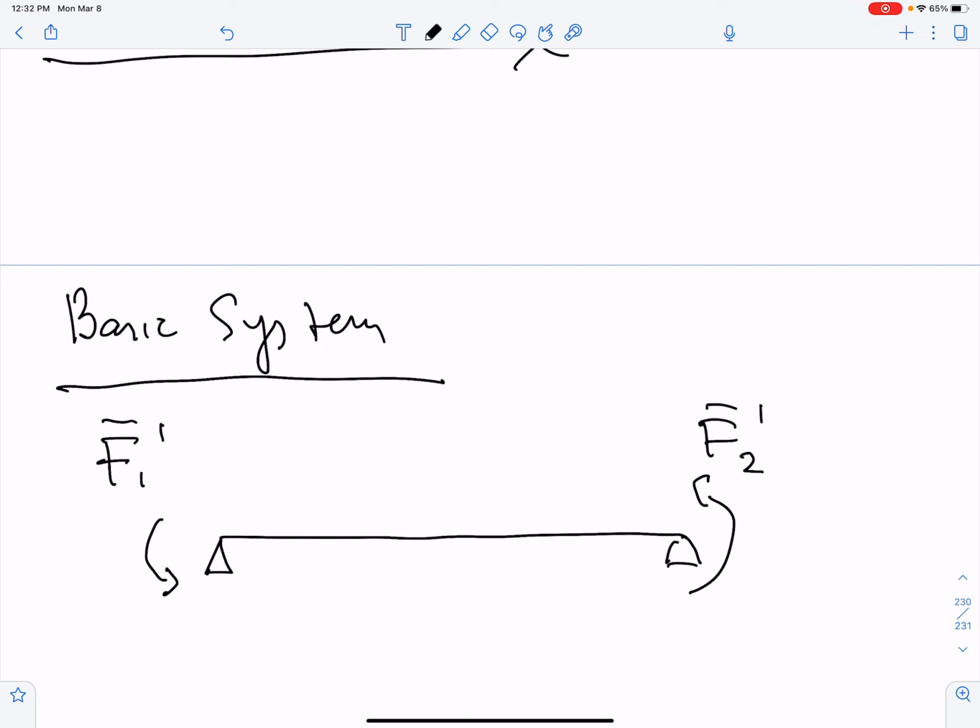Counterclockwise is a positive direction. And then we pick up an axial force, which we denoted by F over bar prime 3. So the two moments and a force.